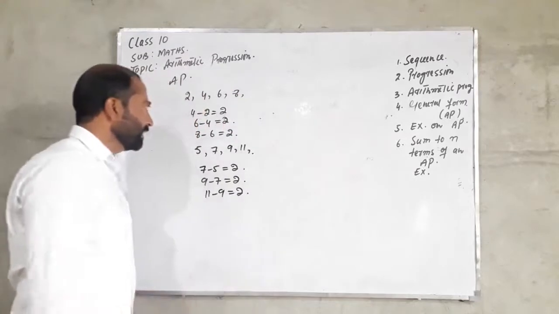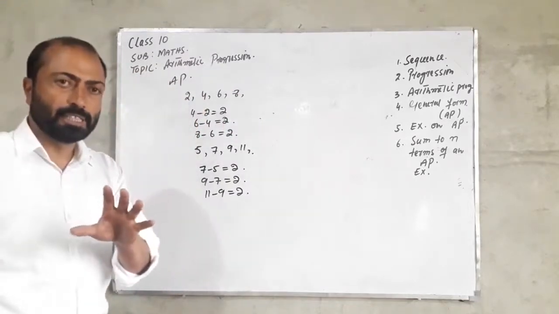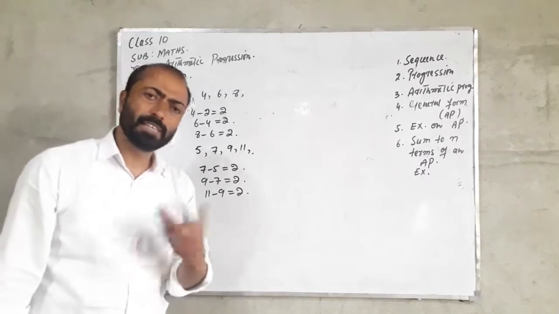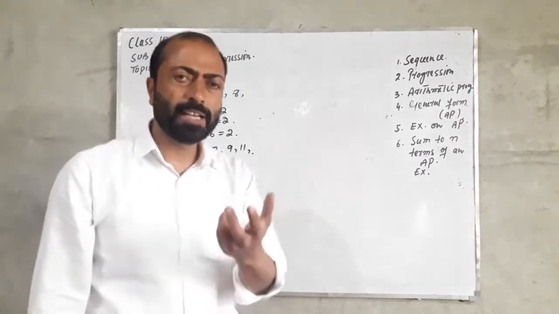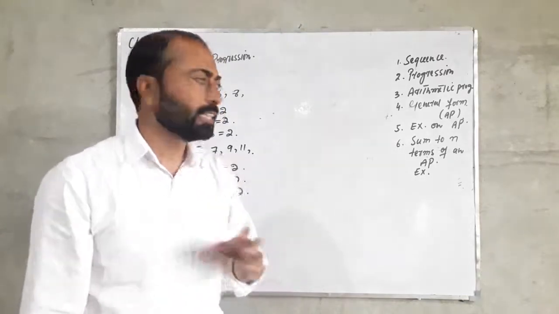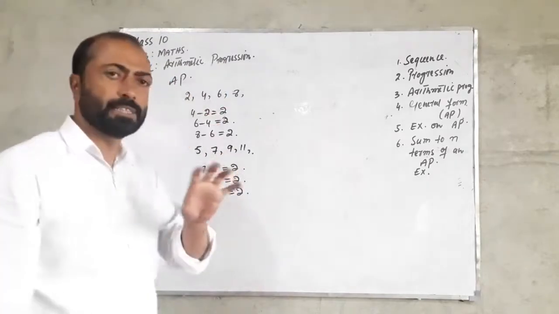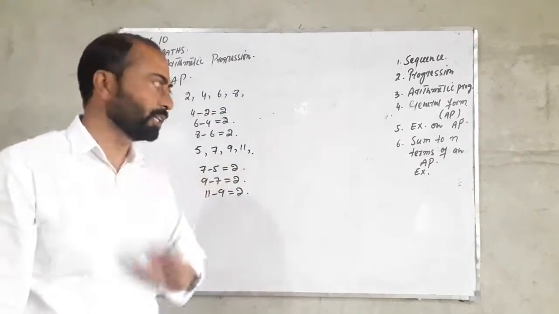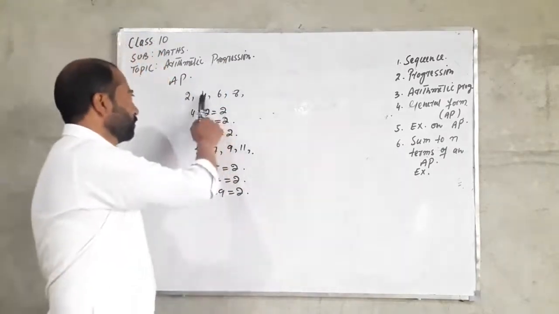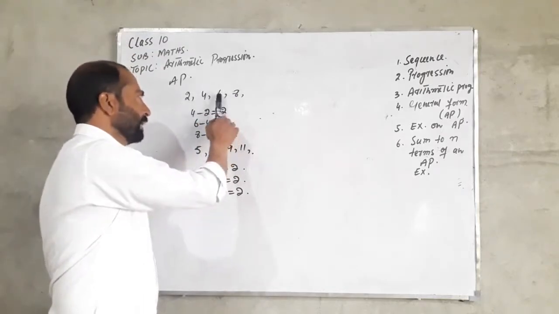And we can say these sequences are arithmetic progressions. Now how can you define what is an arithmetic progression? Arithmetic progression is simply a sequence in which the difference of any term with its preceding term is constant. For example, 4 minus 2 is 2, 6 minus 4 is 2, 8 minus 6 is 2.